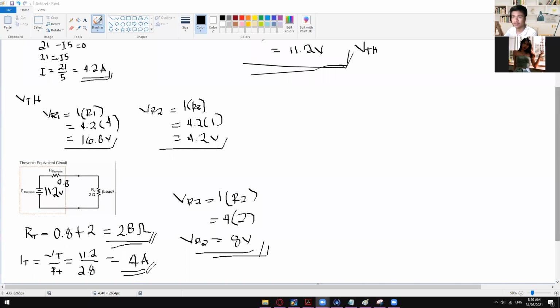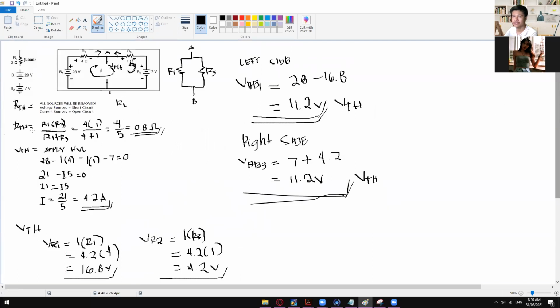This 0.8 right here came from our first solution, the RTH. So again, in order for you to get the RTH, you need to find where the R load is. In here, the R load is in the middle, so this is where we will put node A and node B. So it's like RAB, resistance across AB.